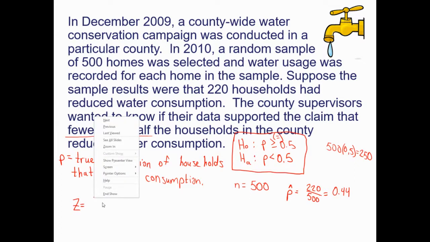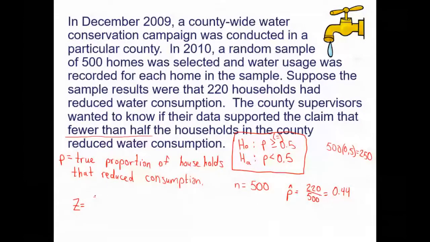Now let's calculate the Z statistic. So which one comes first? P hat, so 0.44 minus pi, divided by the square root of what? 0.5 times 0.5 divided by 500.